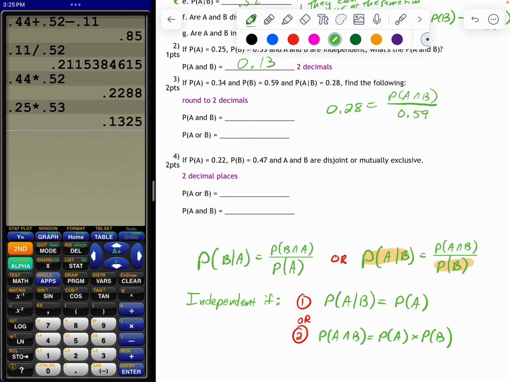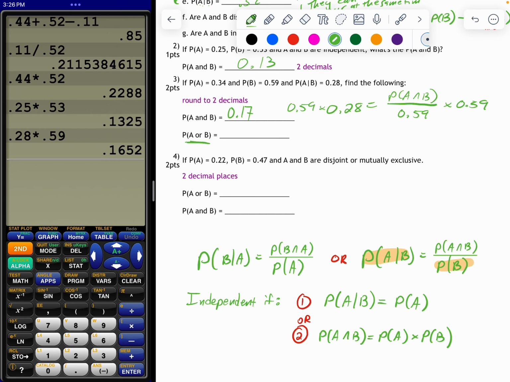Just need to multiply both sides by 59, and I'll have the answer. So it's just 28% times 59%. And I have 0.1652. Oh, round it to 2 decimals, it says 0.17.